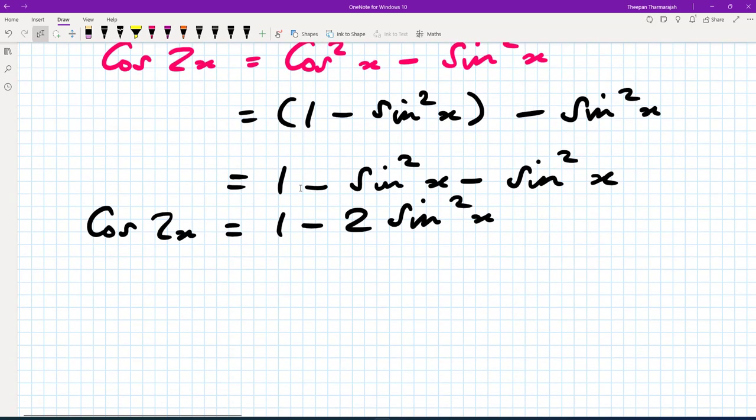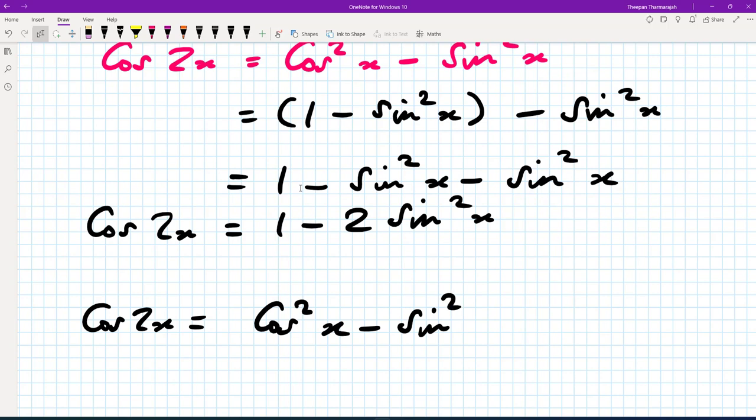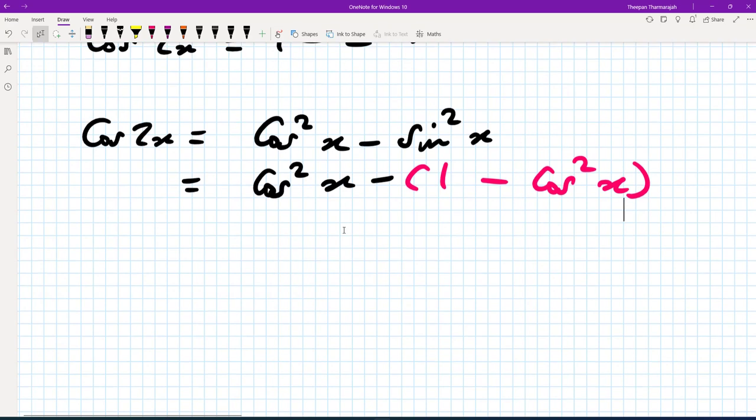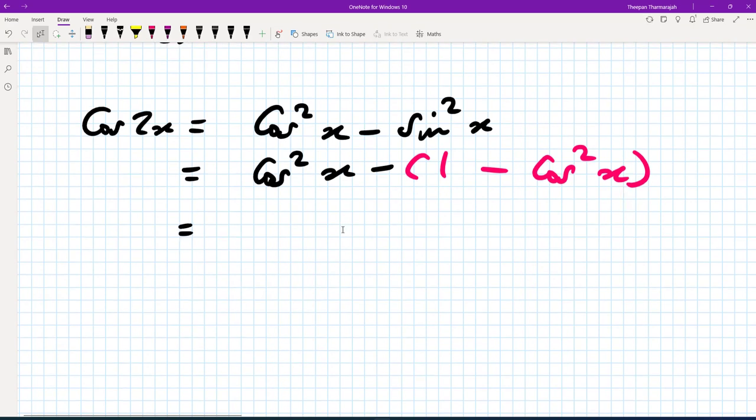And then writing the same formula as before, cos 2x is cos squared x minus sine squared x. This time we're going to replace sine squared, so that's going to be cos squared x minus bracket 1 minus cos squared x. And what we get now is cos squared x minus 1 plus cos squared x.